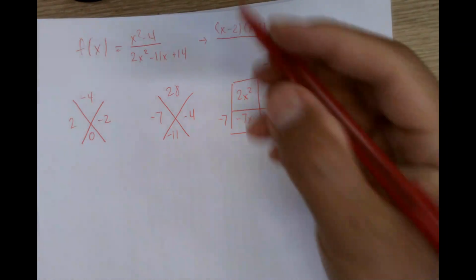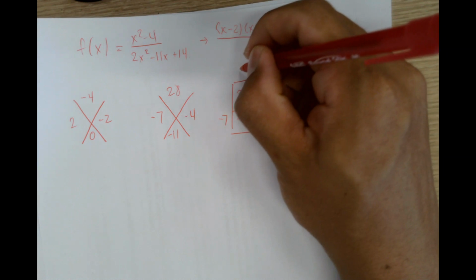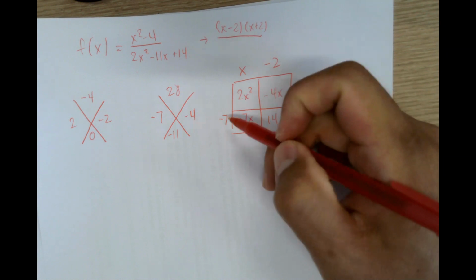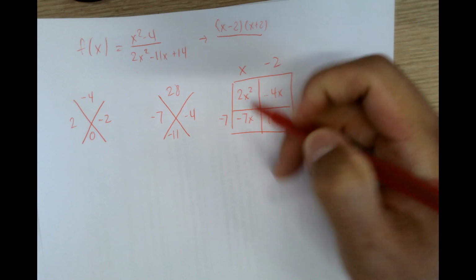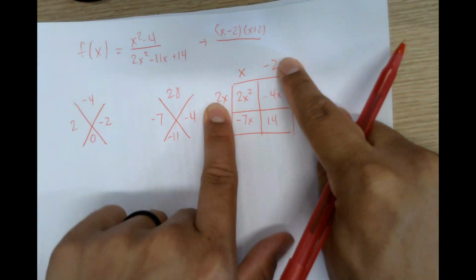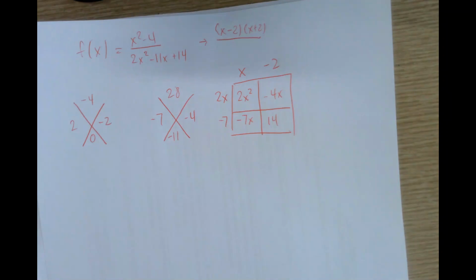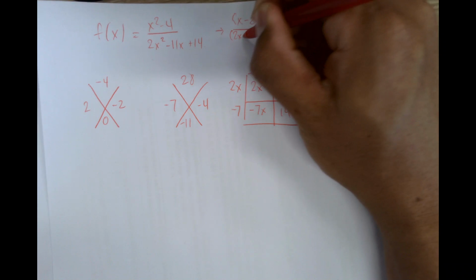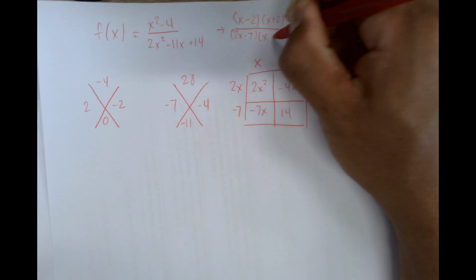So this one's definitely going to just have to be x, because x times -7 is equal to -7x, and that means this one is 2x. So 2x times -2 equals -4x. Looks like that checks out. So the factors for this are 2x minus 7 and x minus 2.